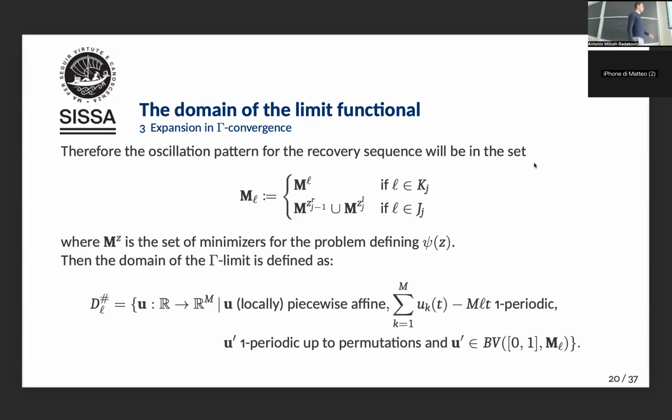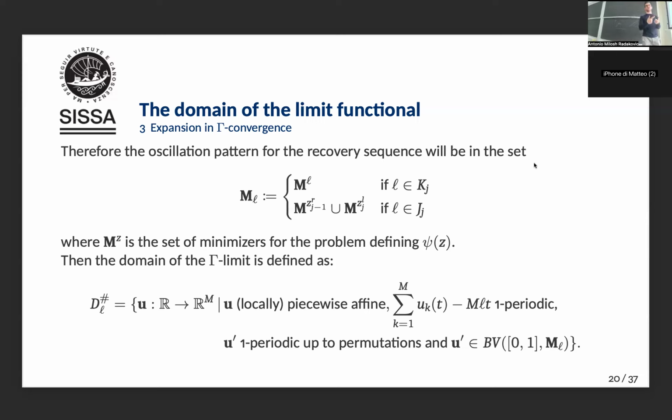The domain of our limit function now is a little bit different from what someone can expect, because we will work on vectorial functions. And the reason for vectorial functions is that this function is representing locally the oscillation we are taking in the approximation.